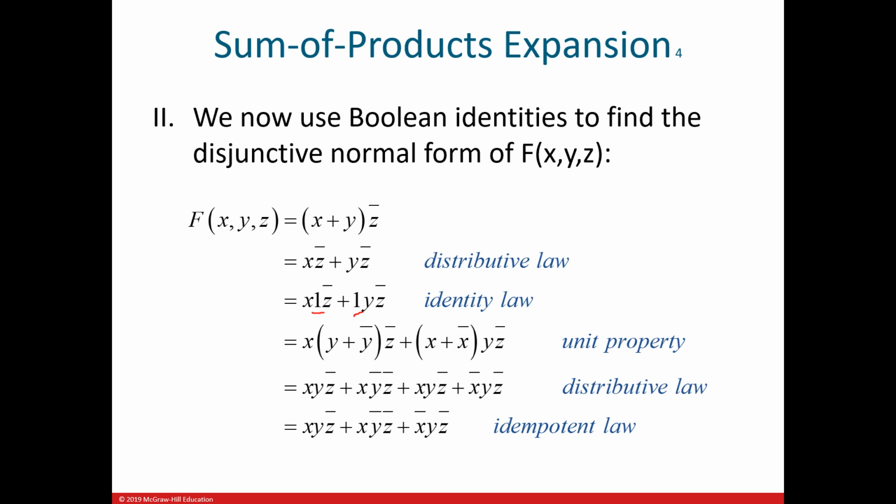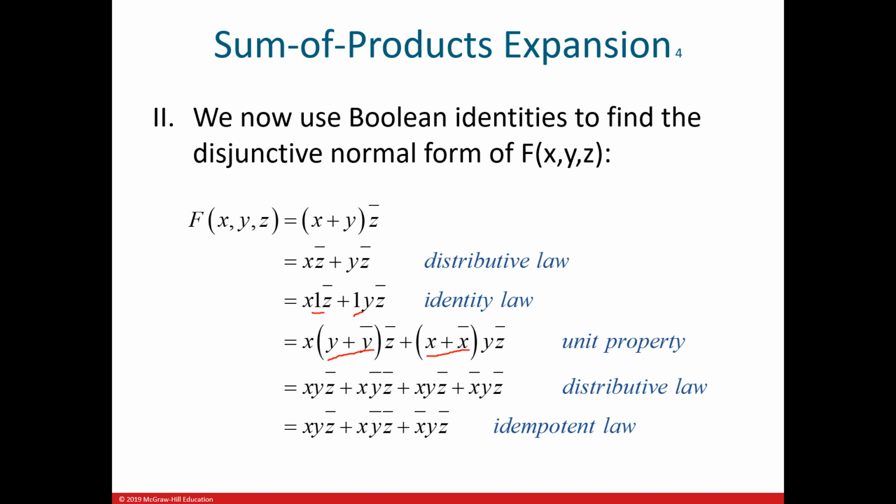We can show x times 1 as x times y sum y complement, and this other 1 we can expand as x sum x complement. Both these equations are really equivalent, but we just wanted to make sure that they are equivalent using the Boolean identities.